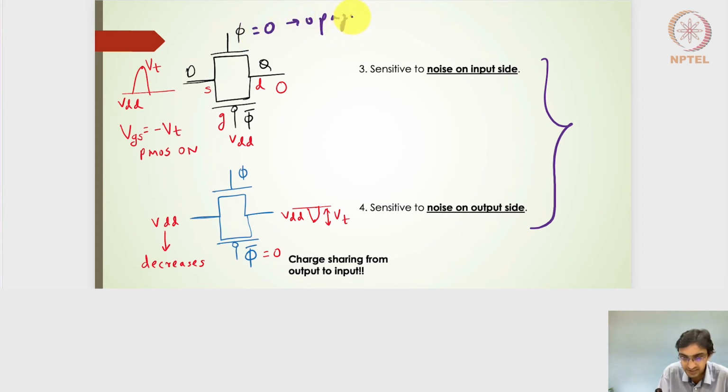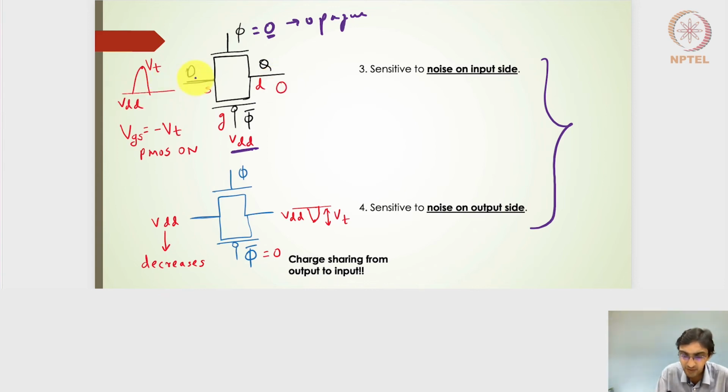In a transmission gate, if the NMOS gate is 0, the PMOS gate will be nothing but the complement of 0, so it will be at logic level high, or the VDD voltage. And let's say that the output is now maintained at 0. In the previous transparent state, the output was completely discharged to 0. So this particular logic level of 0 has been achieved in the previous transparent state.